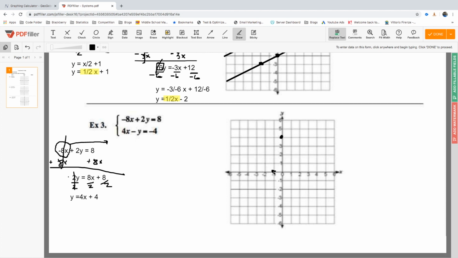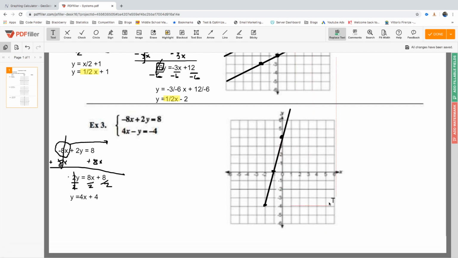Then I'm going to do it again, down 1, 2, 3, 4 to the left one, which puts a point right there. I now have everything I need to connect these 3 points, and I'm going to do so like such. I'm not going to extend the line. I think we're good. We have a good idea of what this line looks like now.